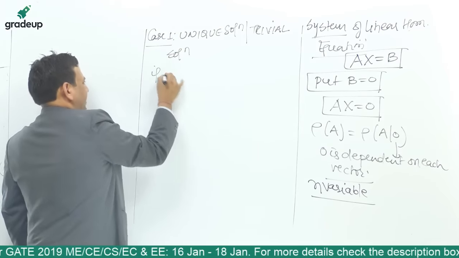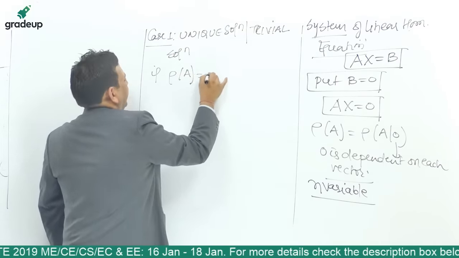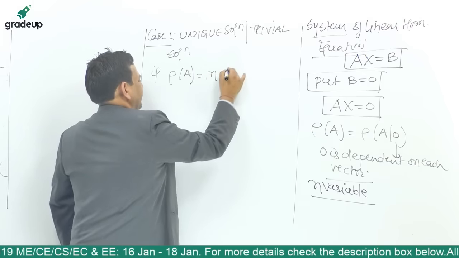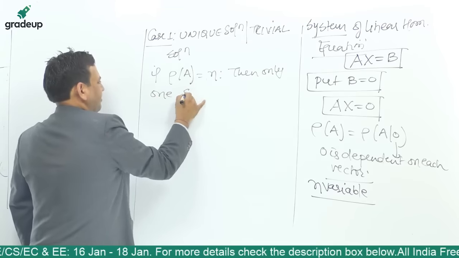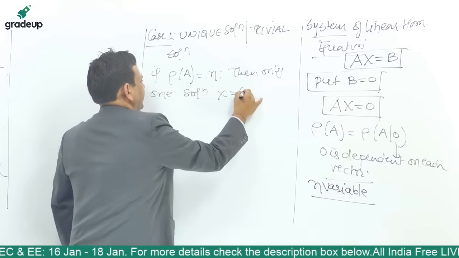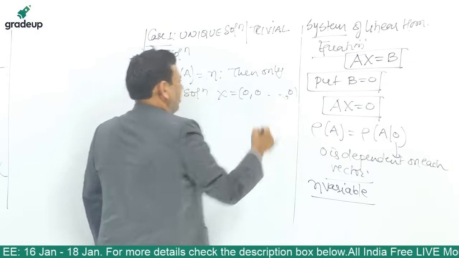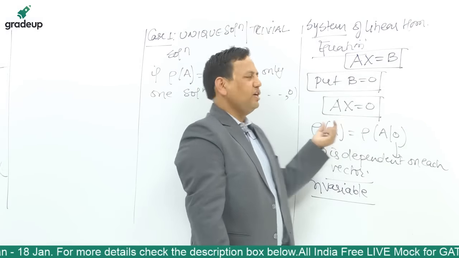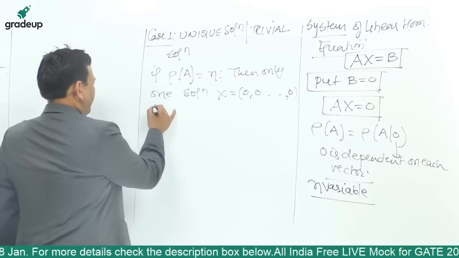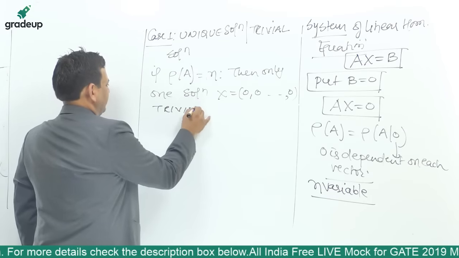If the rank of A is equal to n, then only one solution exists, and that is x equal to 0, 0, 0, 0. All the values are 0, because if I put all values 0 in A x, you will get 0. This is the only solution, and it is known as the trivial solution.